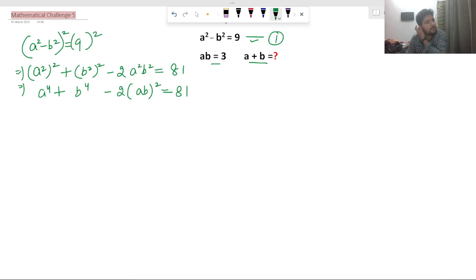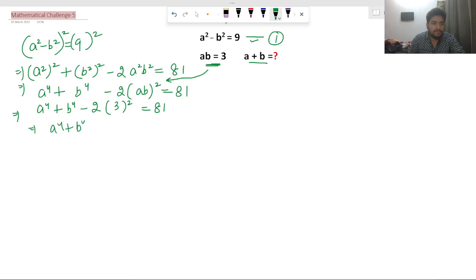Now we know that the value of ab is 3, so putting the value of ab equal to 3 in this, we get a4 plus b4 minus twice of 3 square equals 81. We get a4 plus b4 minus 2 into 9 equals 81.